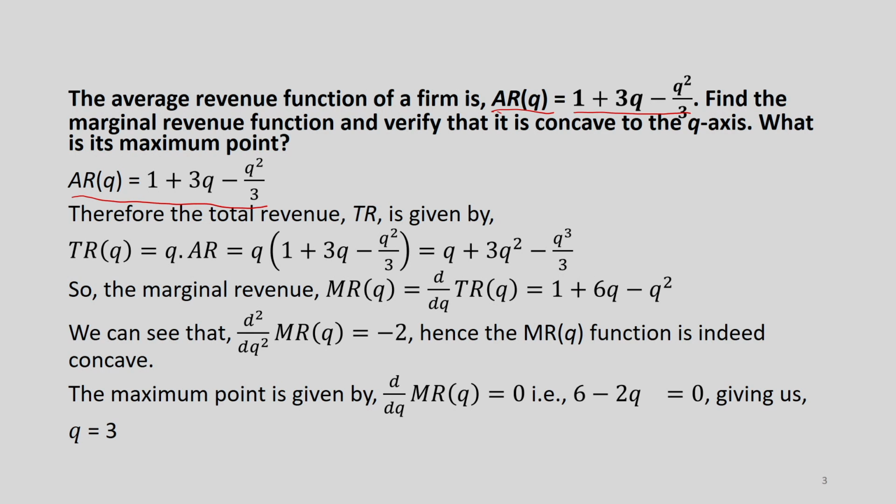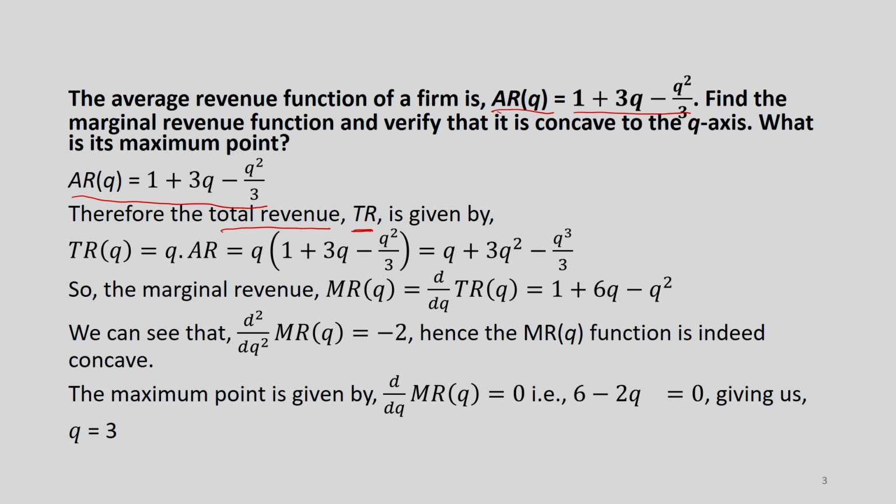Let us suppose AR is equal to 1 plus 3q minus q square divided by 3. From average revenue you can go to total revenue, let us call that TR.